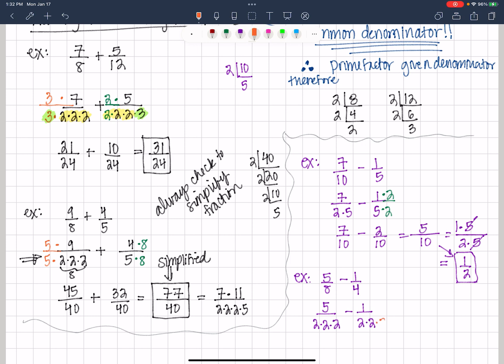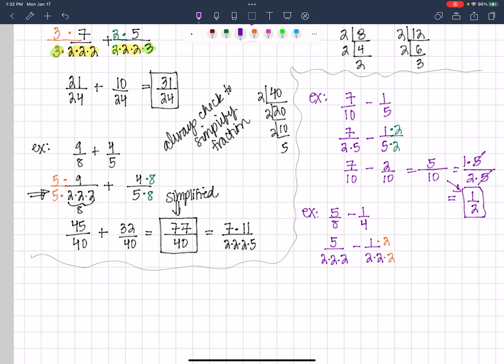And then that second fraction needs a 2. And I'm almost running out of paper here. 5/8 minus 2/8 is equal to 3/8. Remember, you keep that common denominator and you just subtract the numerators. 3/8 does not reduce, so that is our answer.